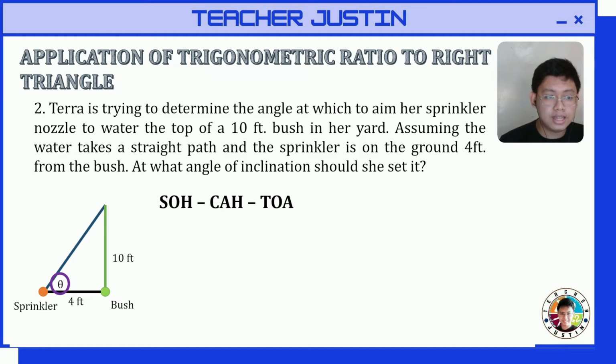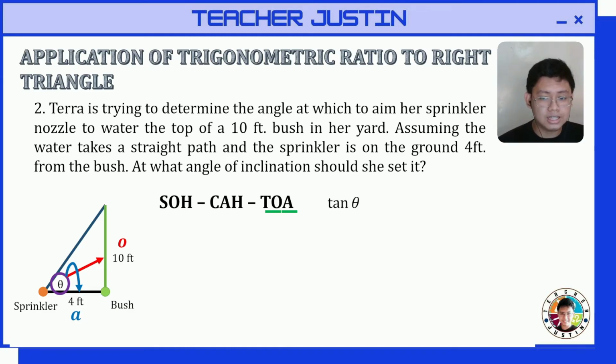Then let's identify the given sides of this right triangle. So we're given the opposite side and the adjacent side of that triangle. Then let's identify which trigo ratio to use in solving for the missing angle. So since we're given the opposite side and the adjacent side of the angle, we're going to use tangent theta.